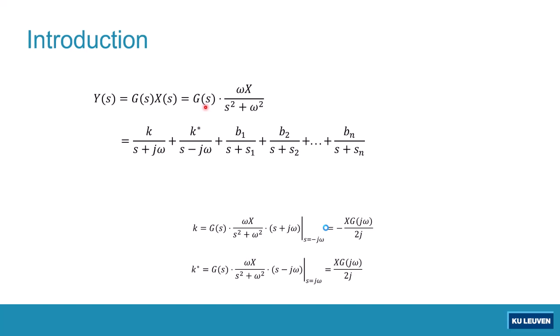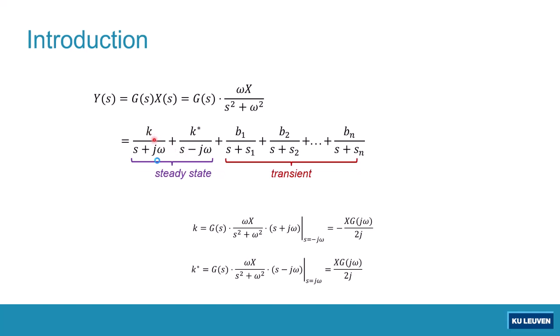We also have discussed in the previous video that the third terms onwards are associated to the transient response, while the first two terms that contain omega here, where omega is the frequency of the excitation, the frequency of the input, are associated to the steady state response.